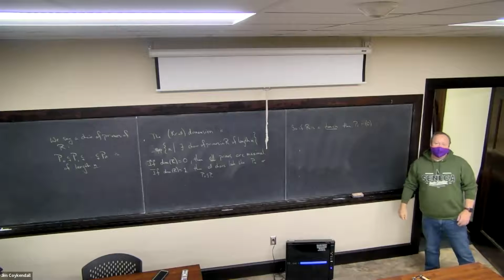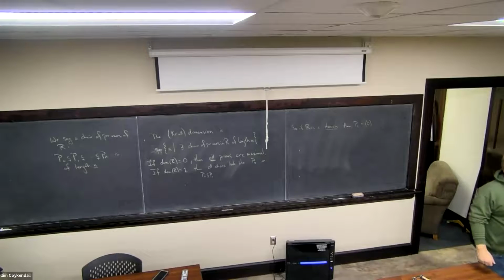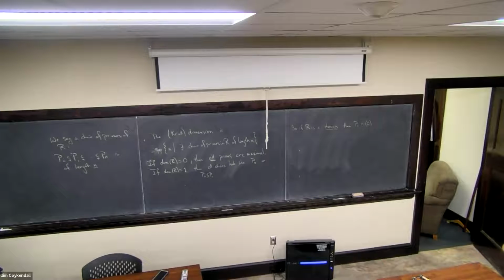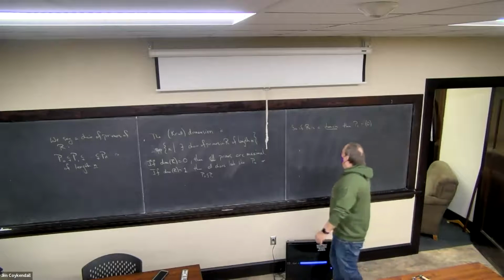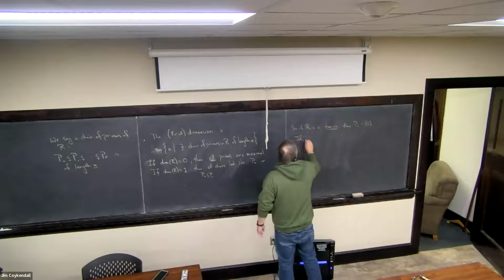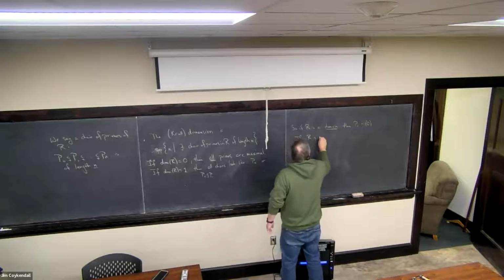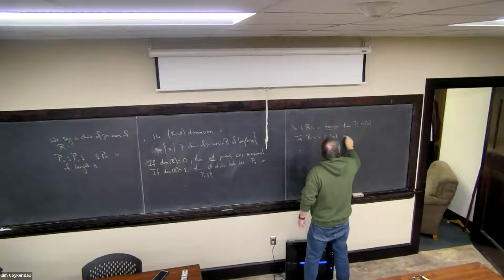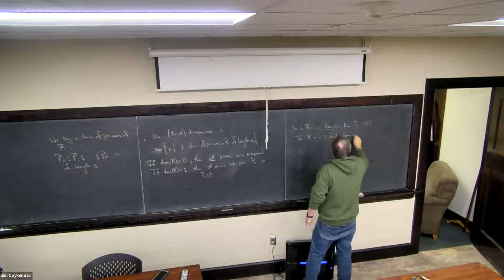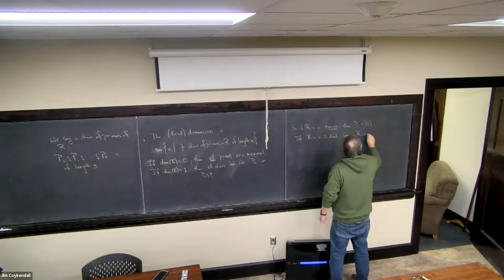Then always P0 is going to be the 0 ideal, because if you're in an integral domain, 0 is a prime ideal and it's contained inside of every ideal, right? And so if R is a 0-dimensional domain, R is a field.